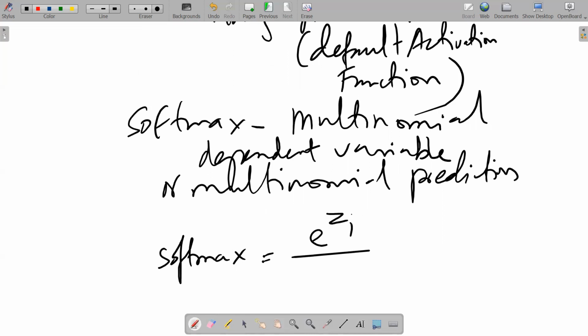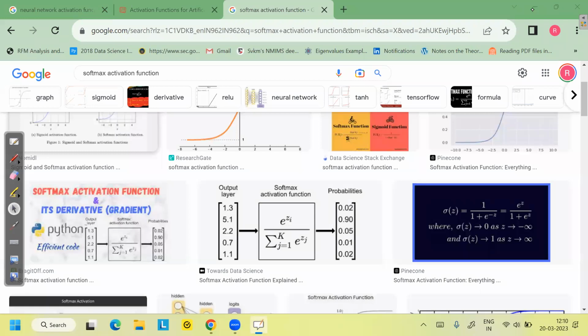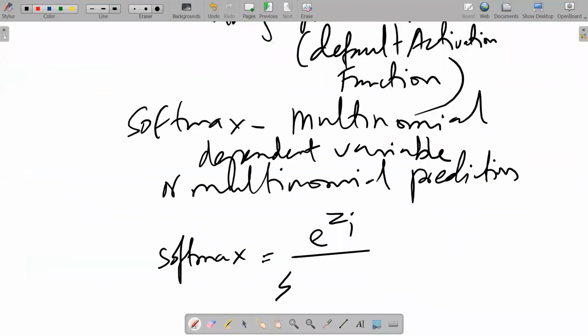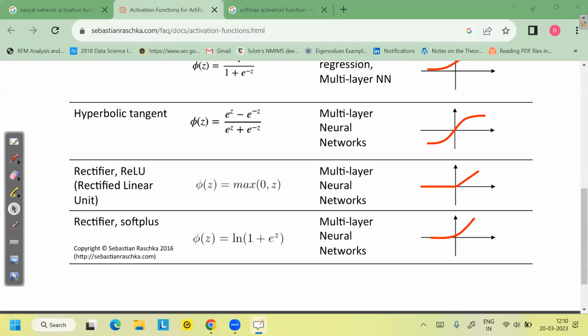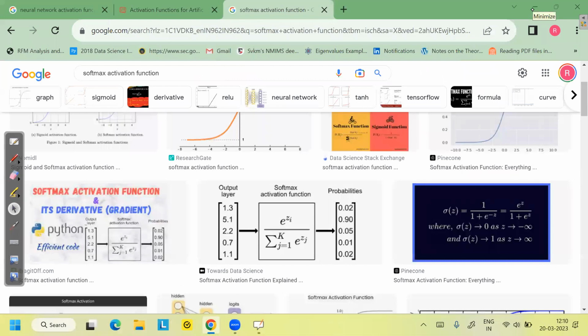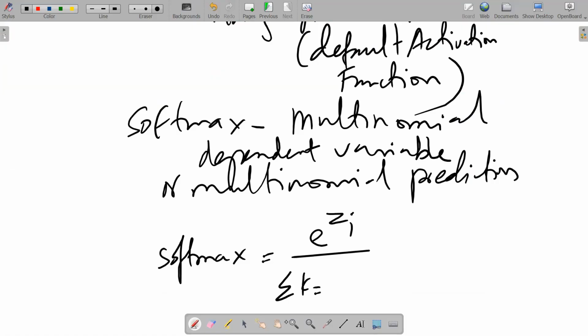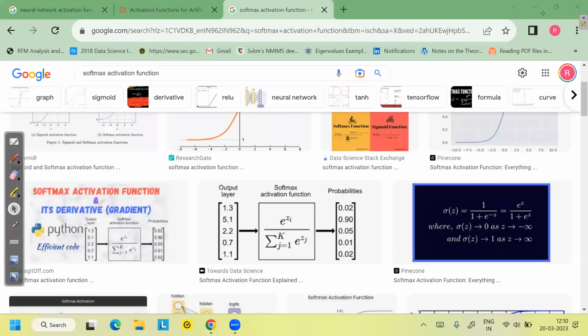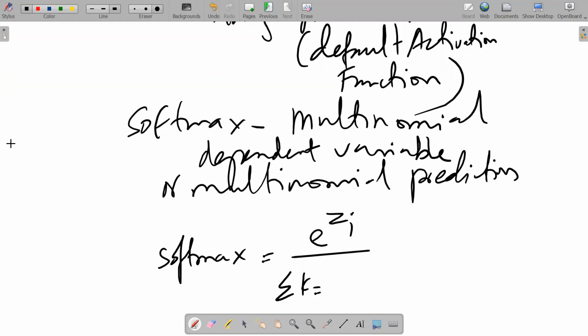So, e to the power of z_i divided by the sum over k equal to 1 to K of e to the power of z_k.